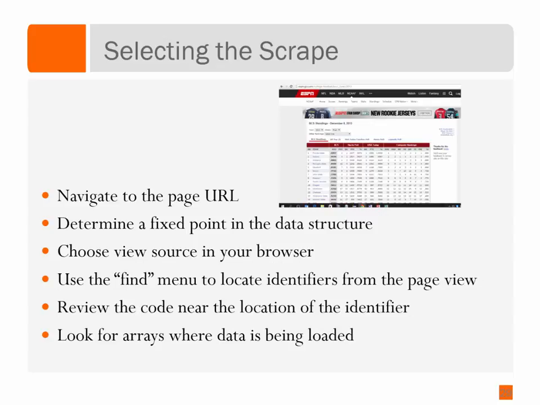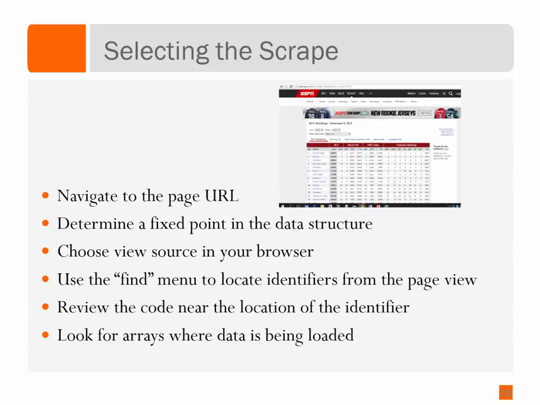Here's where we want to find that fixed point in the data structure. Perhaps we found a column heading, and we're like, okay, the data begins right at this column heading. So we'll use the Find menu, put that column heading name in Find, and select Search, and often it will take us right to the code for that web page that begins to produce that data.